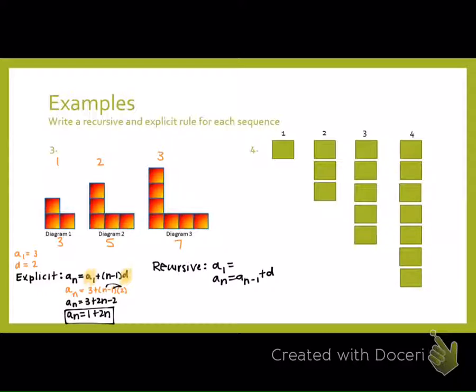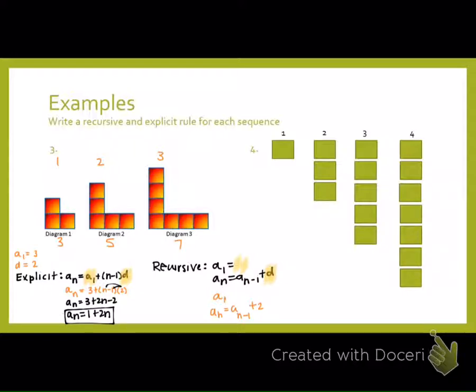Colin, give me the recursive formula. Alright. It's a sub n equals a sub n minus 1, and then plus b, which would be plus 2.